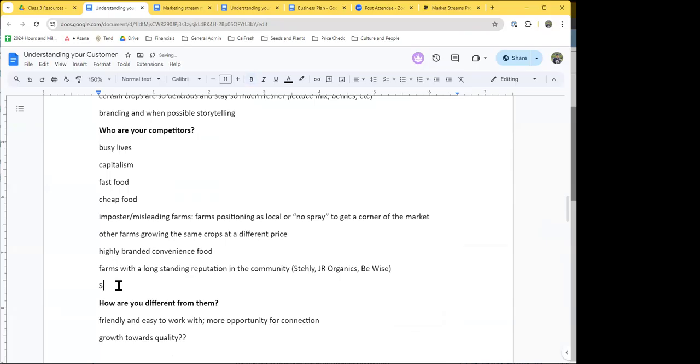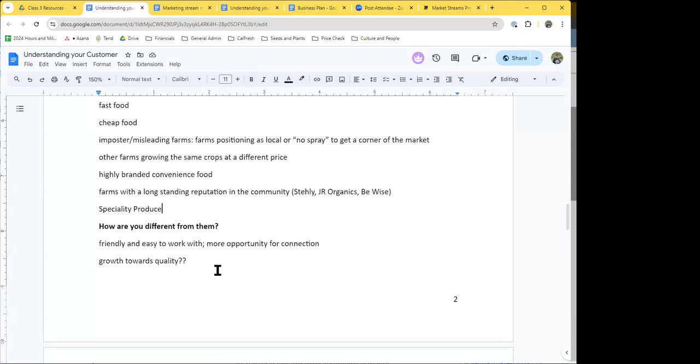Especially if you're doing restaurants. Specialty Produce is one of a few smaller distributors that focuses more on local farms, but I don't have experience working with them.